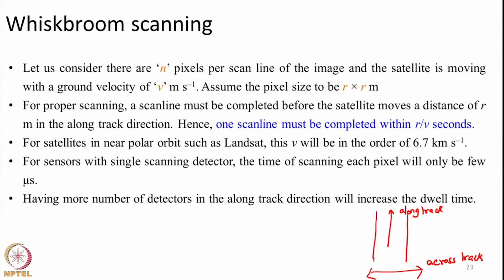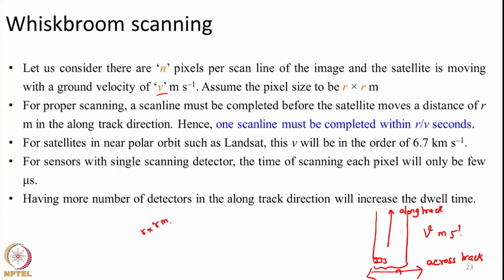And let us assume there are n pixels in one scan line. The satellite is moving with a ground velocity of v meters per second, and assume the pixel size to be r by r. So, each pixel within the image has a size of r by r meters.